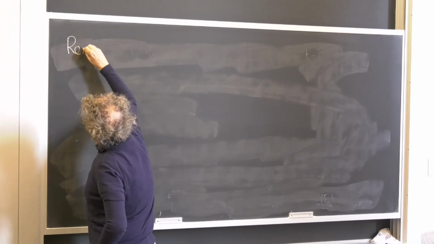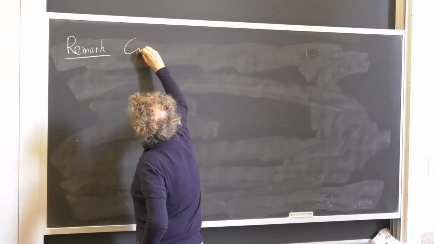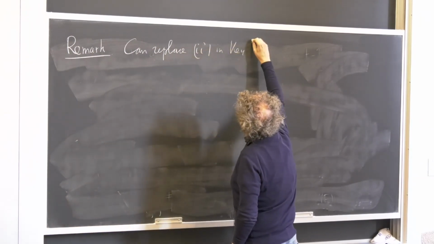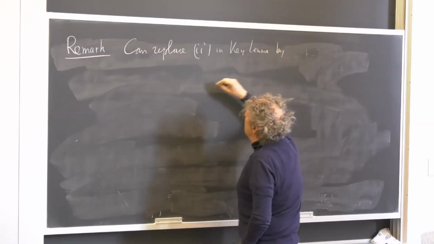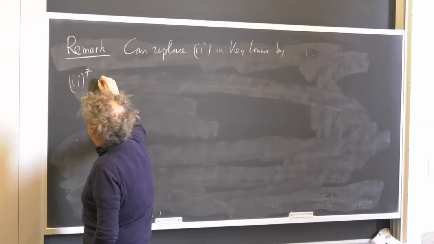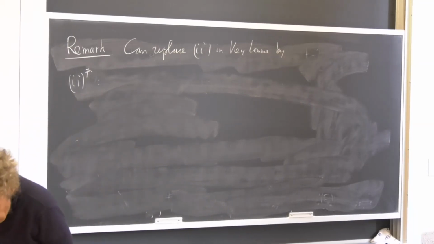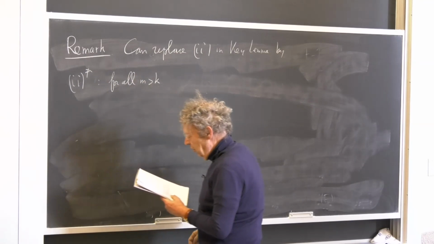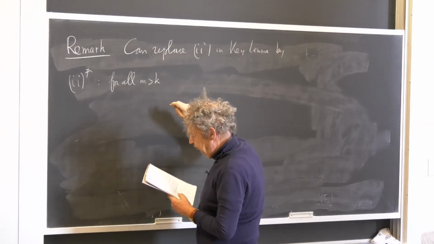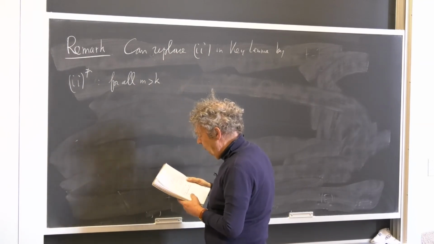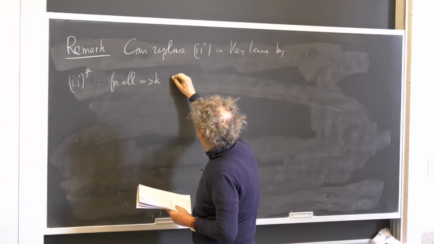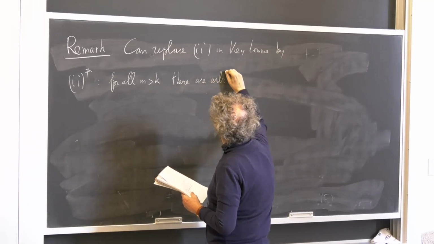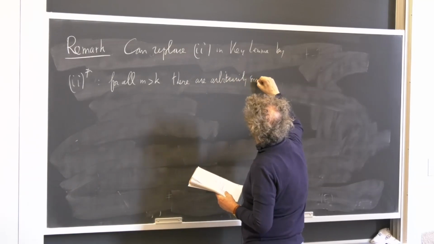Let's replace 2 and call it 2 star. Which is: for all n bigger than k, there are arbitrarily small active phi.